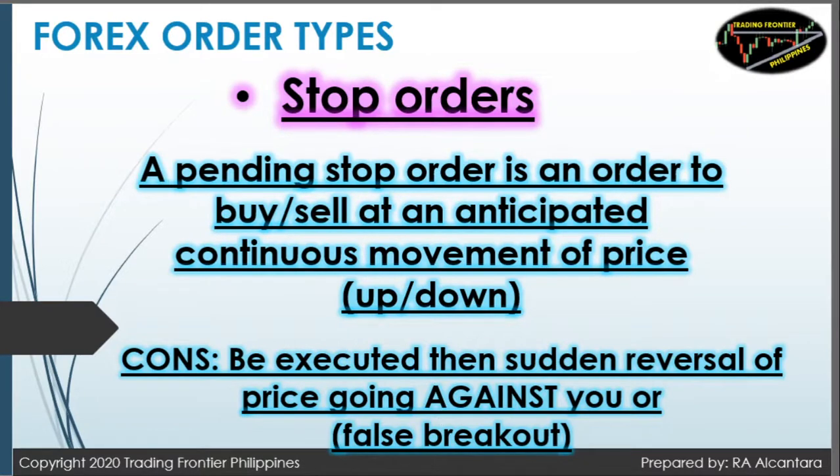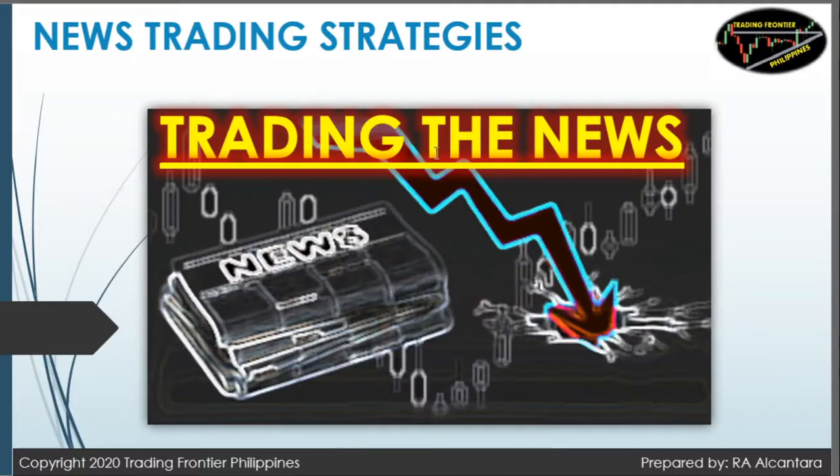Normally traders use stop orders even on a one minute time frame when they are trading high impact news, because they're anticipating a surge in the market price movement either up or down. All right. So always practice risk management. Always apply risk management every time, in order to guard or preserve your capital.